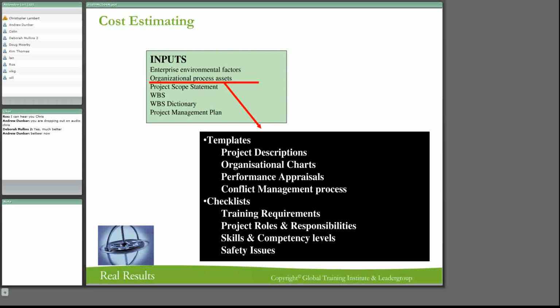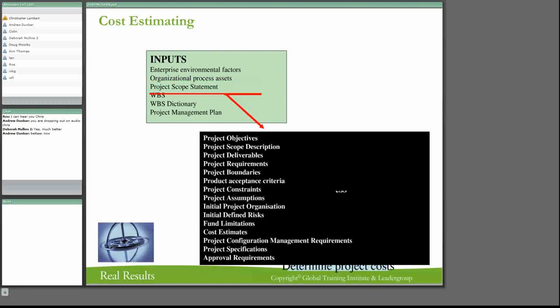Then we go to the next one, which is our project scope statement. And the things that are important in the project scope are the objectives. Remember, we said SMART objectives actually help make sure that when we put this project back into the business, we actually met objectives that are going to do what we expect from a business perspective.